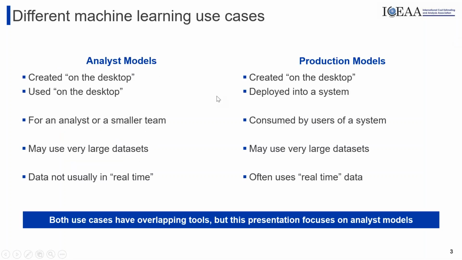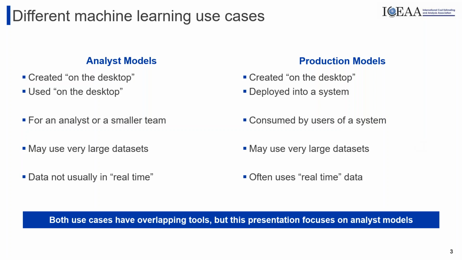So there's a couple machine learning use cases, a few big ones that I just wanted to go through first, because it does make a difference when we start to talk about a tool. Often you'll hear these things called production models, where a production model would be something that you train, throw into a production system, and some type of automation ties back into it.